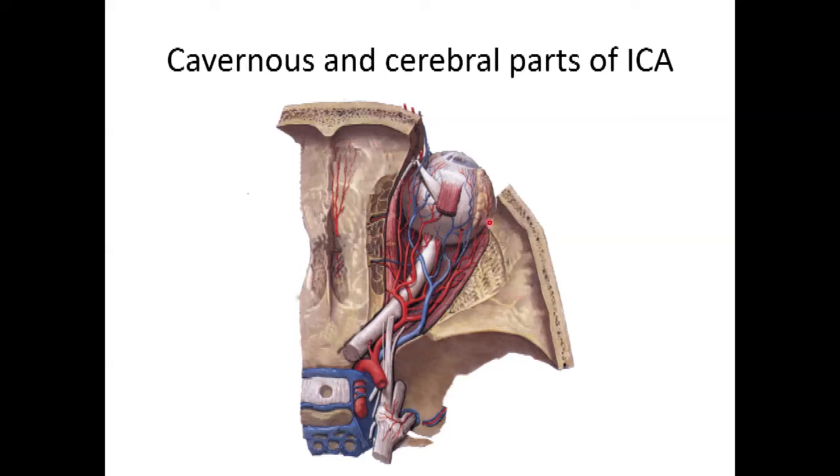Here the superior wall of the orbit was partially removed, and that's why we can see the eyeball with nerves, muscles, and here part of the middle cerebral fossa.